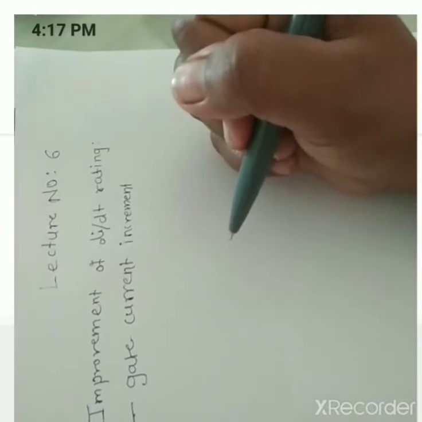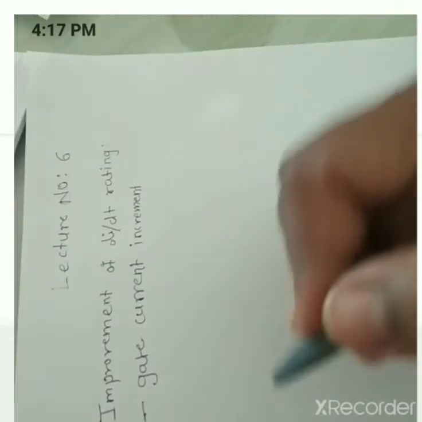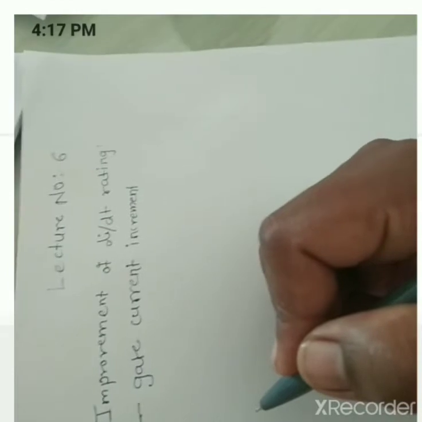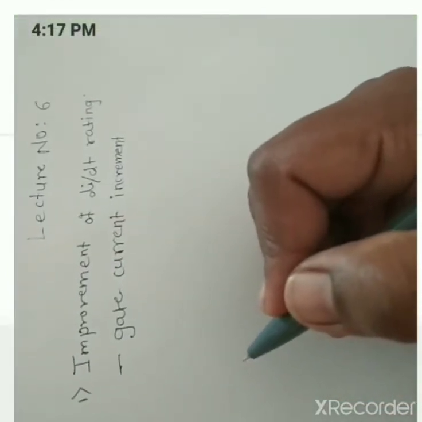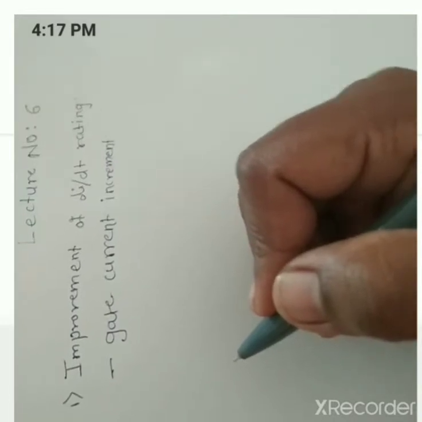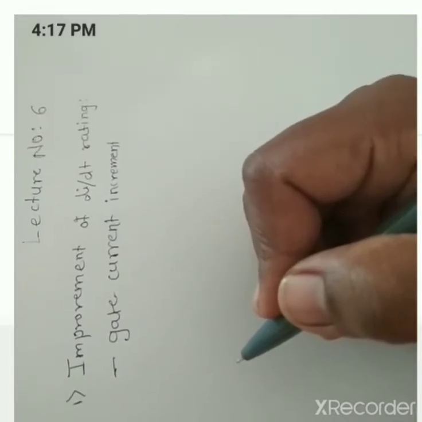The use of this interdigitated gate cathode structure also reduces the turn off time of the SCR, and as the turn off time of the SCR is reduced, we can improve the di by dt rating.